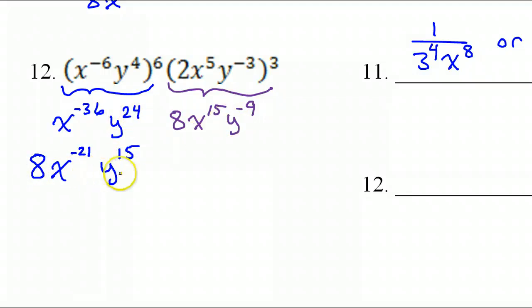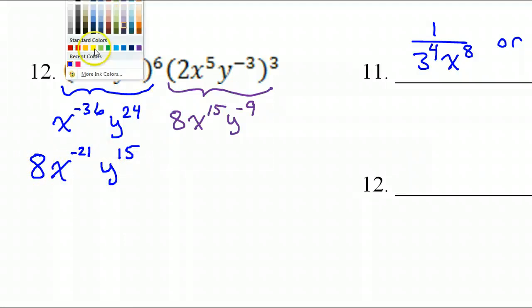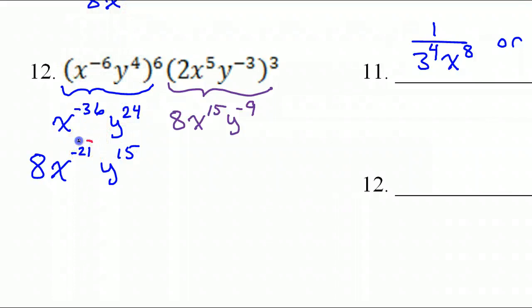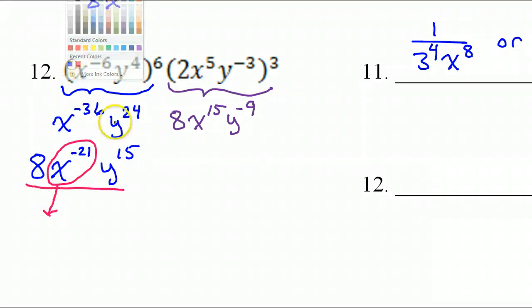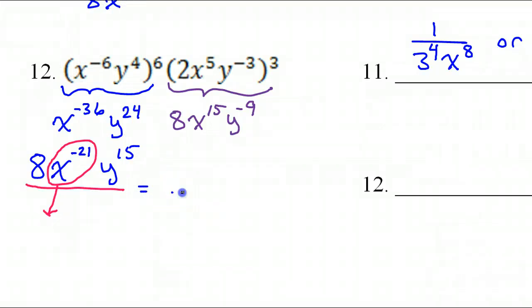Now that it's all collected into one term here, now I will look for any negative exponents, which tell me that I need to drop the variable to the other side of the invisible fraction. So when I recopy this, this will be my final answer. So the 8 and the y to the 15th are going to stay in the top.